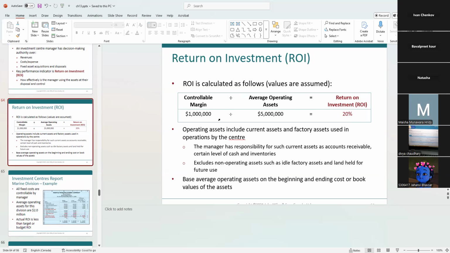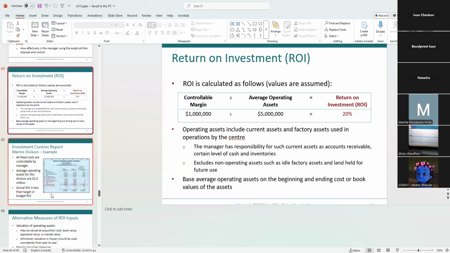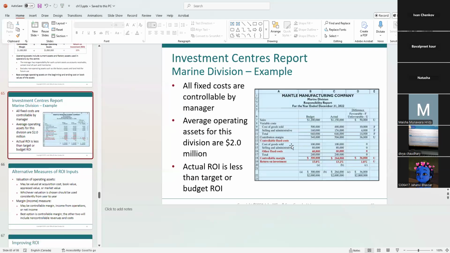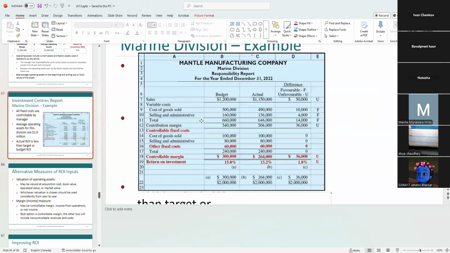For example, if the controllable margin is 1 million and the average operating assets are 5 million, return on investment is 20%.